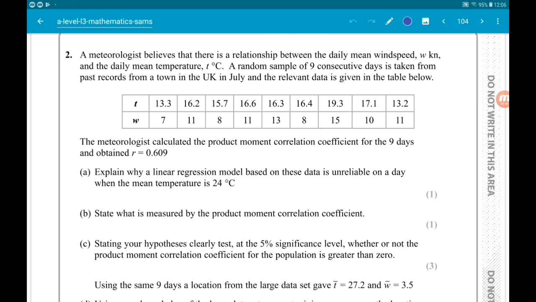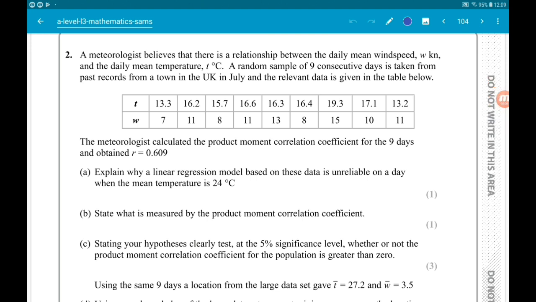The meteorologist calculated the product moment correlation coefficient for the 9 days and obtained r is 0.609.